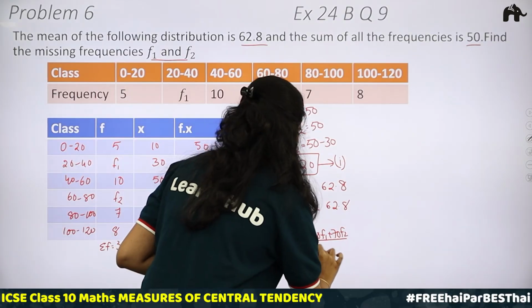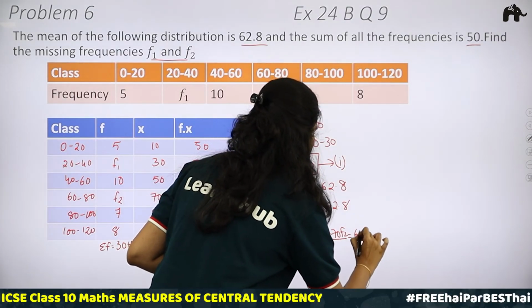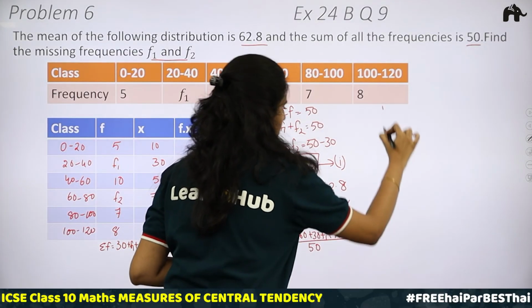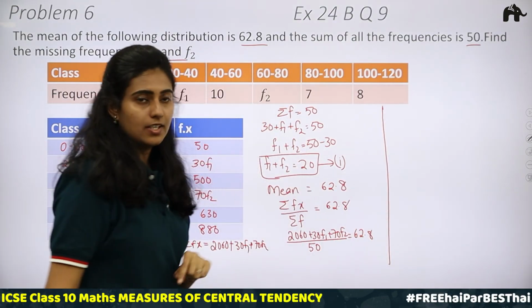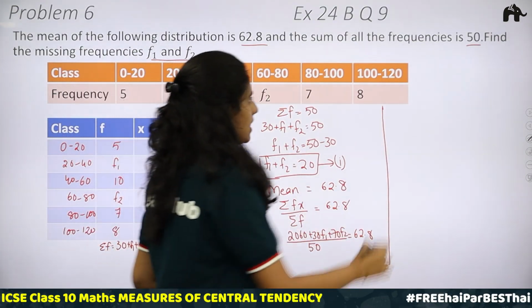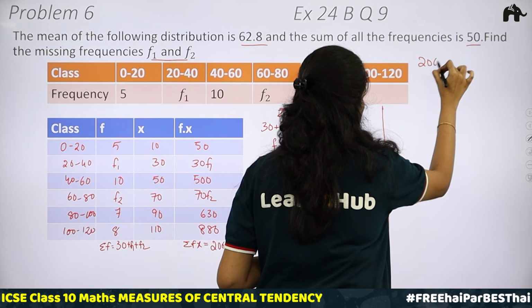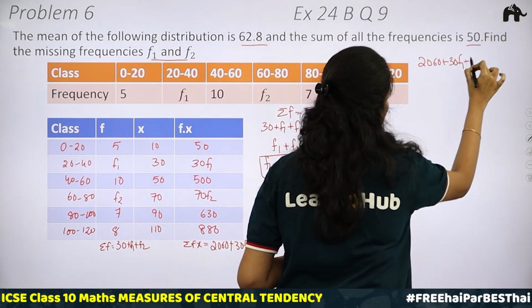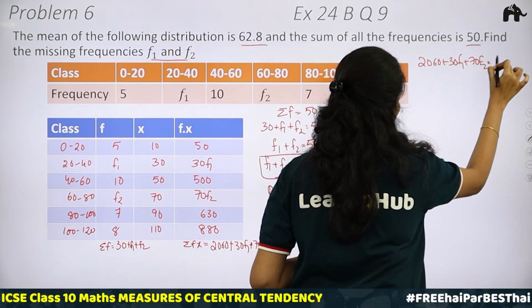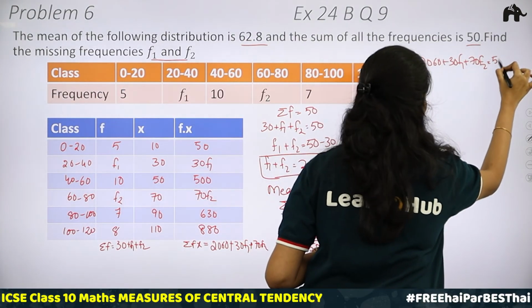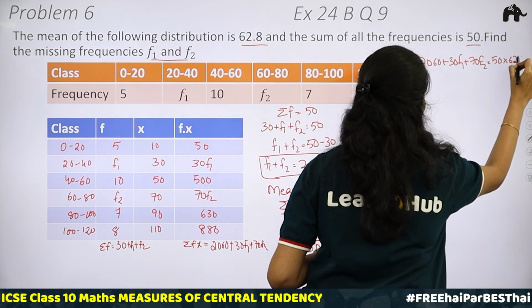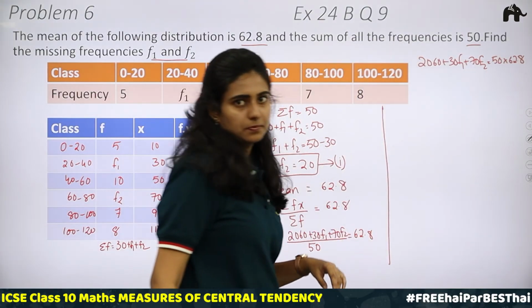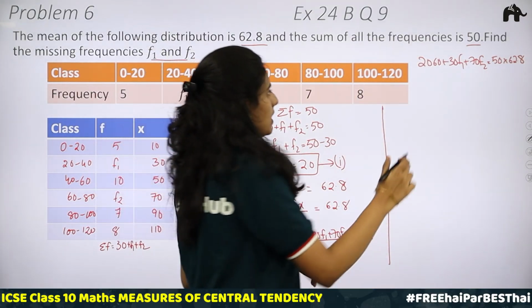Okay. 50 is equal to 62.8. Next, taking this 50 to the opposite side, we will be having 2060 plus 30 F1 plus 70 F2 is equal to 50 into 62.8.